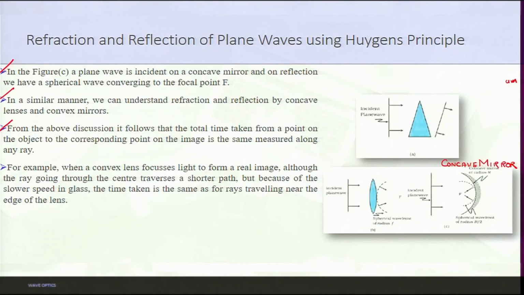So, what does this line try to convey? I will explain it pictorially also. Let us say this is the incident plane wave, and after the propagation of the plane wavefront through, let us say, a convex lens here, this is the spherical wavefront. Now each point on this spherical wavefront is equidistant from this point F. This is the point F at which the image will be formed.